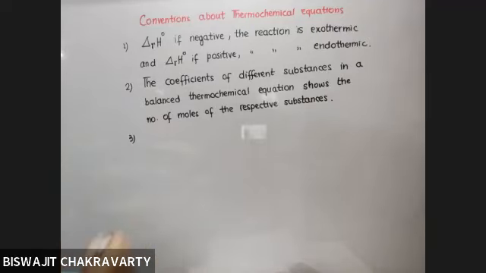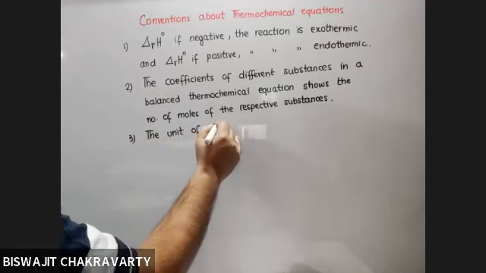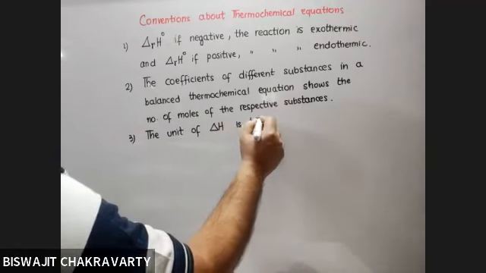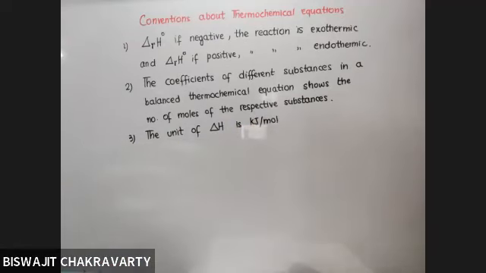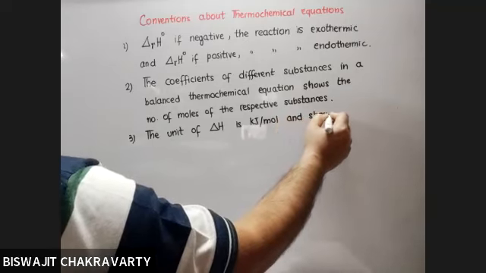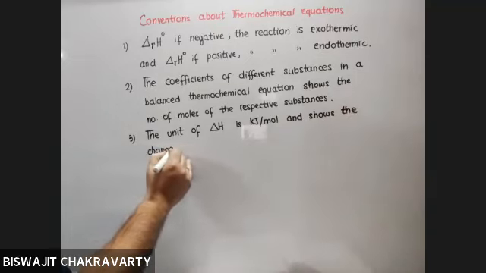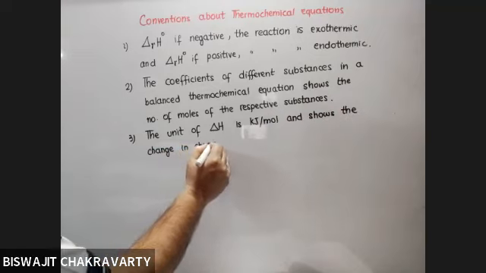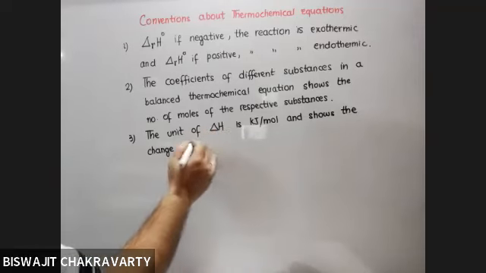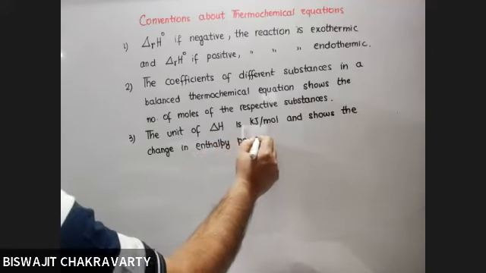Number 3, the unit of delta H is kilojoules per mole, and it shows the change in enthalpy per mole of the substance.